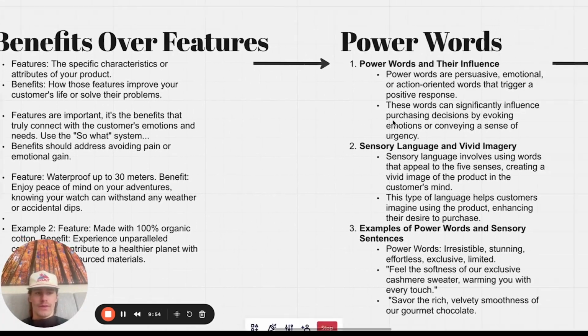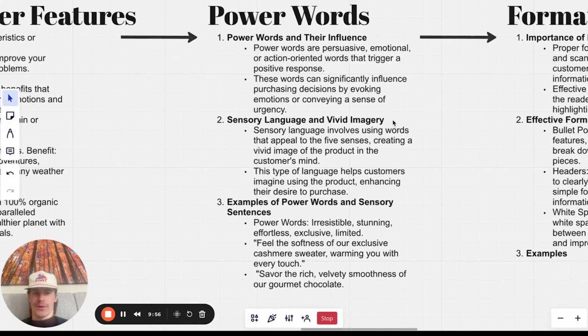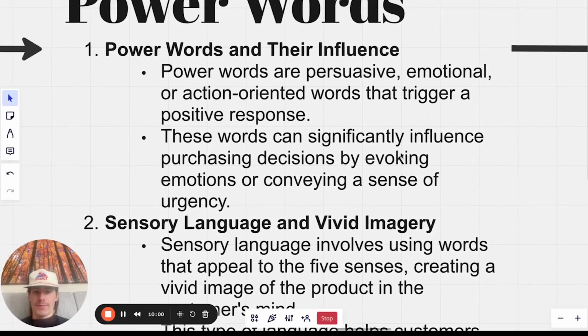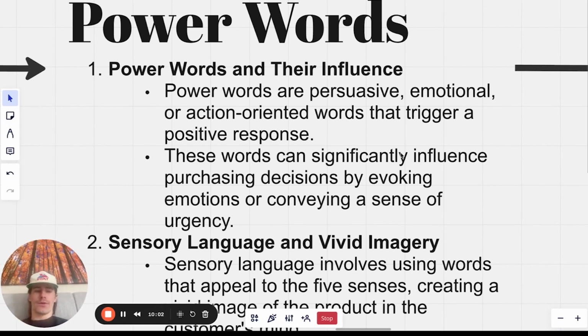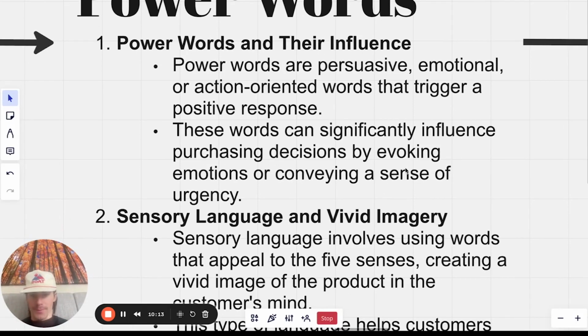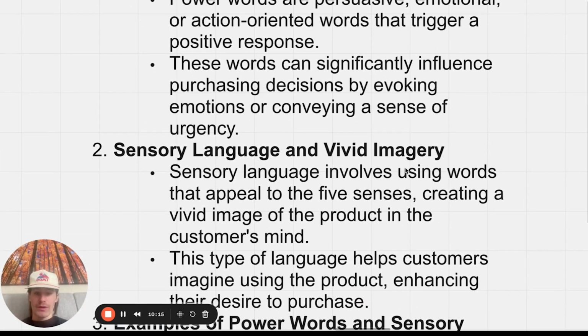Now let's move into some power words and their kind of influence, right? So power words are persuasive, emotional, or action-oriented words that trigger a positive response. Now, these words can significantly influence purchasing decisions by evoking emotions or conveying a sense of urgency. Okay? So that's power words.